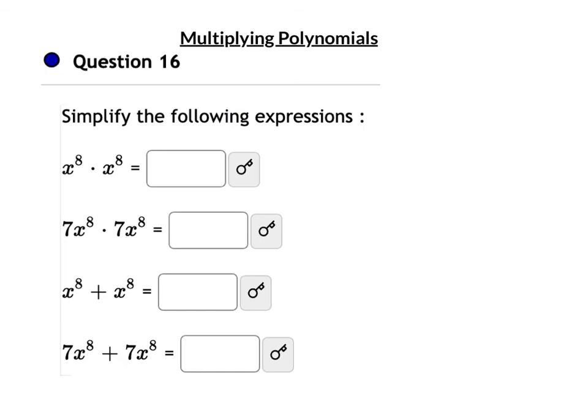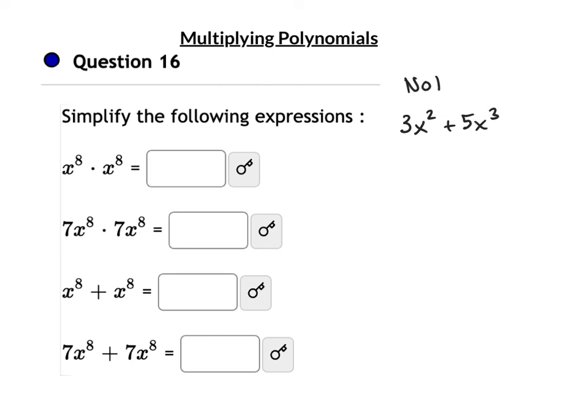Question 16 involves a little bit of review. You've got to remember that when you add, the powers never change. When you add the coefficients on like terms, the powers never change. When you multiply, you multiply the coefficients and you add the powers. Keep in mind, if I ask you to add 3x squared and 5x cubed, you can't do that.